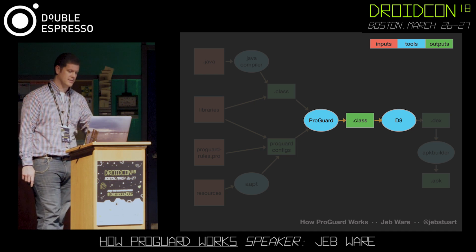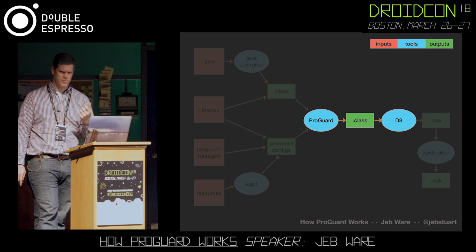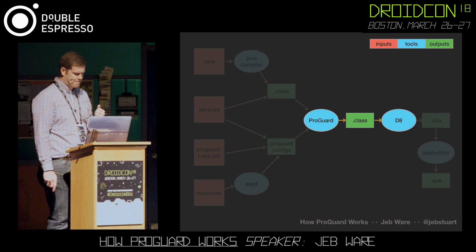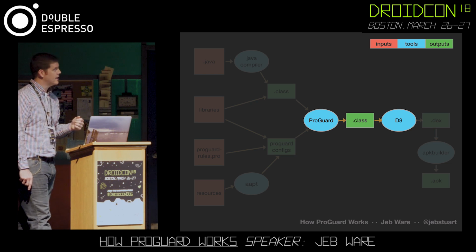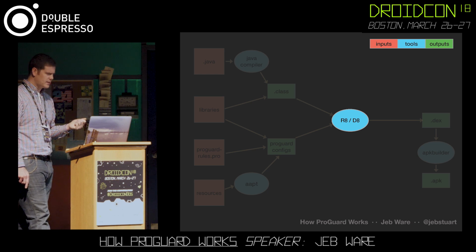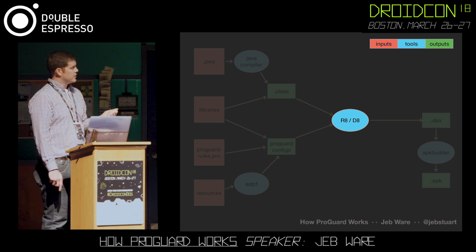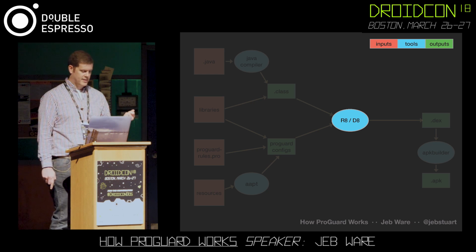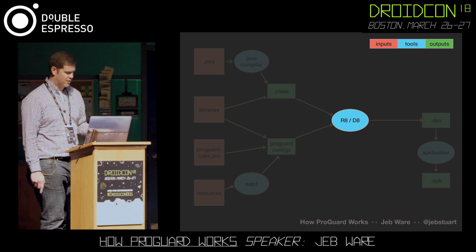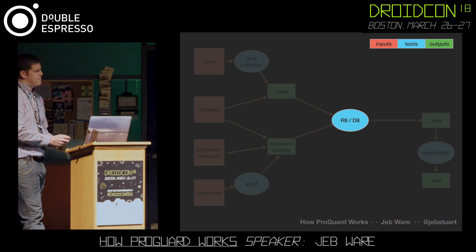You could opt into it, and it got turned on by default in 3.1 or 3.2. And then Proguard is getting replaced by R8. You can opt into this now if you want to try it out, as of Android Studio 3.2 or Android Gradle plugin 3.2 alphas.